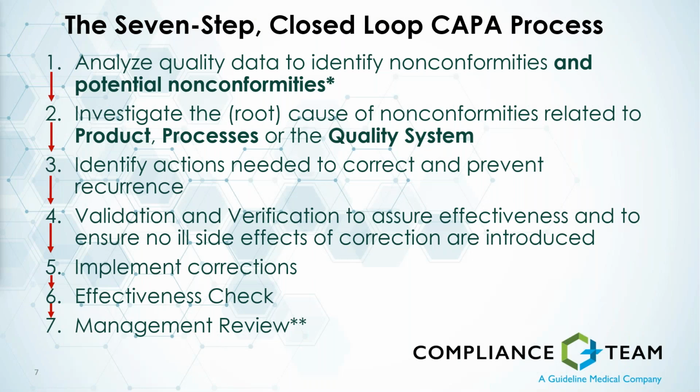And CAPA, if you read 820, is a specific 7-step process that they identify very much. So first you analyze the quality data to identify the nonconformities and potential nonconformities.